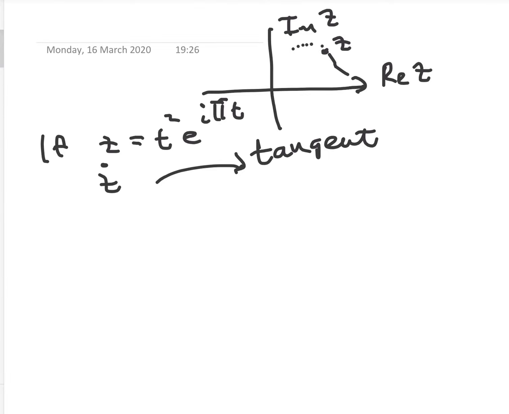Okay, so here's the example on this curve. What we want is the arc length between 2 points on this curve, z equal to t squared e to the i pi t.